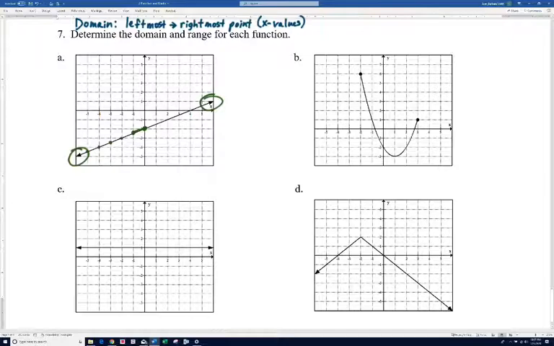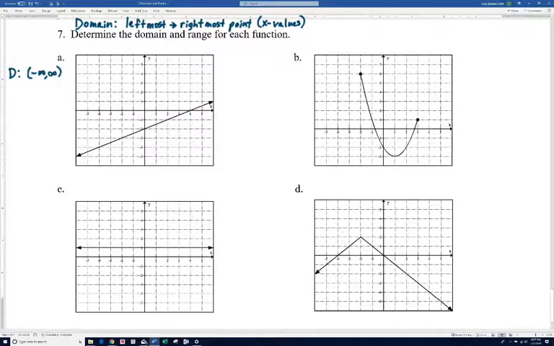So there is no end point as we move to the left or to the right. You can see x is 2, x is 3, x is 4, and since this thing goes forever right, there's not going to be any biggest x value, and we're going to hit everything in between. And so let me go ahead and erase this here. Our domain is going to be all real numbers.